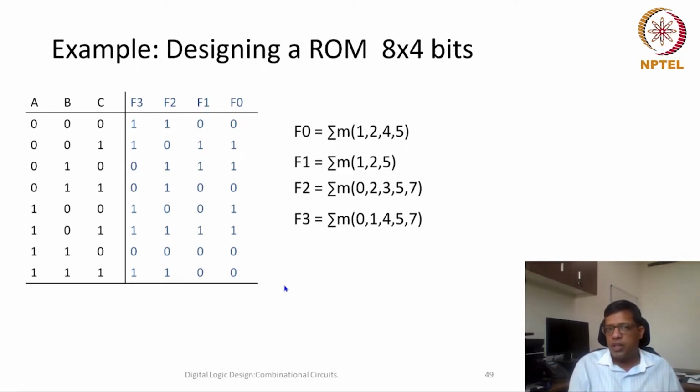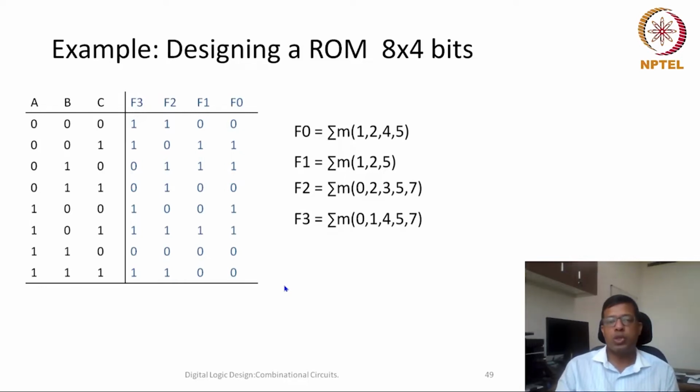There is no memory cell. It's a perceived memory cell. If we are saying 0, 0, 0, my output is 1, 1, 0, 0. So we are perceiving that this 1, 1, 0, 0 is stored in some sort of a memory cell, but actually it is coming out of my combinational circuit, or a circuit which is made of AND, OR, NOT, etc. basic gates.